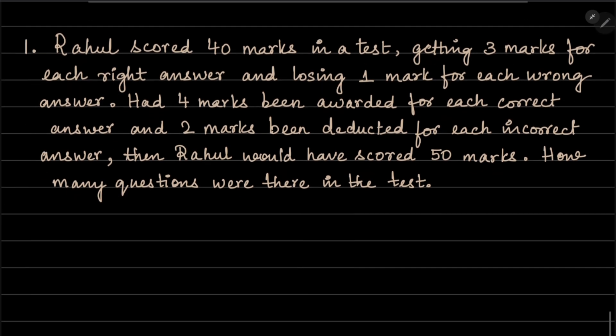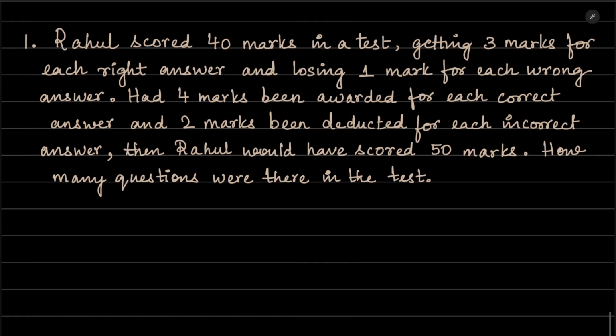Right? So now, we'll just assume there are two variables. The first one is the number of answers that were correctly done, that is the number of right answers, and the number of wrong answers. Okay, these are the two variables. So let's start.